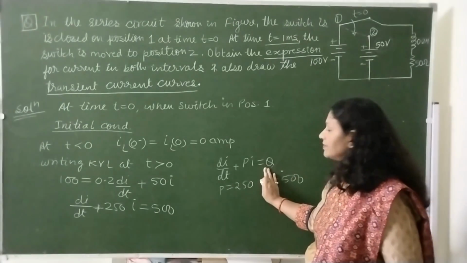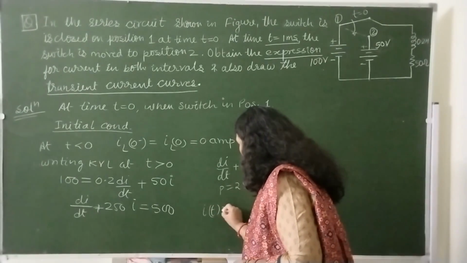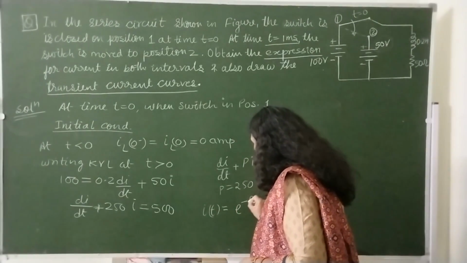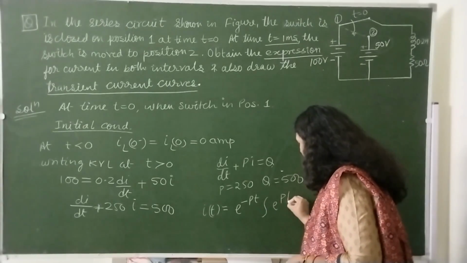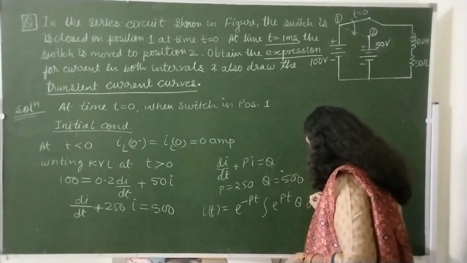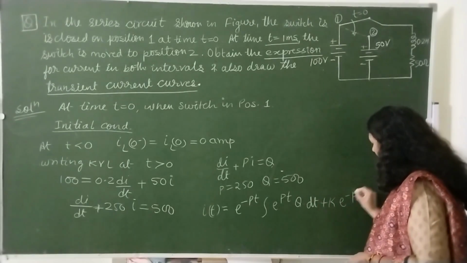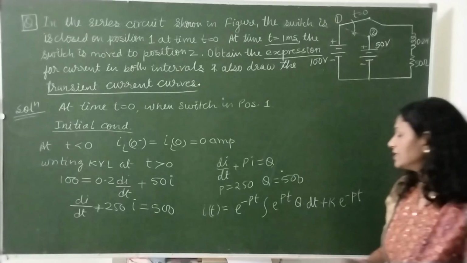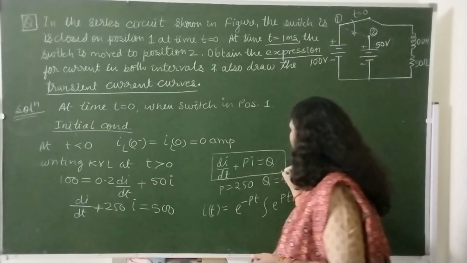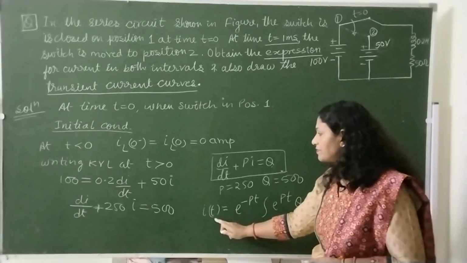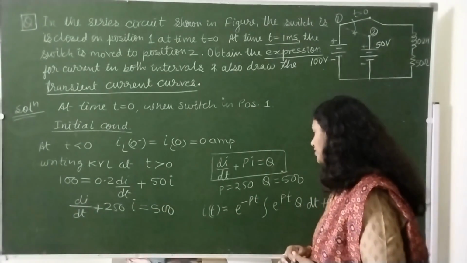And the solution of this differential equation is i(t) equals e to the power minus Pt, integration of e to the power plus Pt into Q dt, plus k e to the power minus Pt. This is the solution of this standard differential equation. Now we will substitute these values to get the solution of our differential equation.